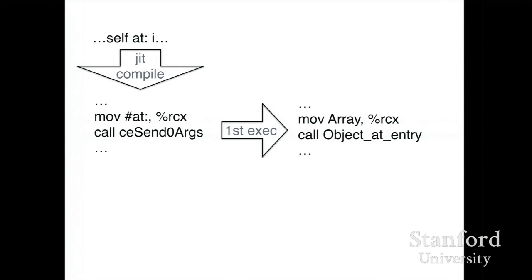So what it can do is have in its hand the machine code form for the array @ method, which would actually index the array.